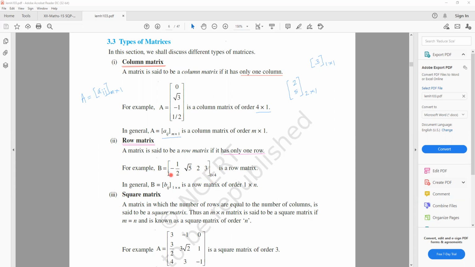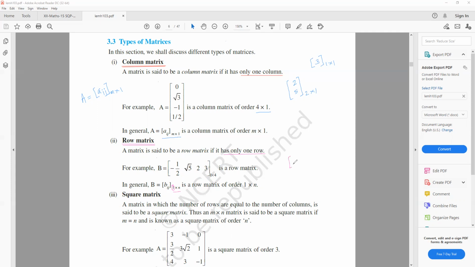It has one row, and you can see 4 columns, so 1 by 4. A matrix having only one row is called a row matrix. In general B equal to bij, the order will be 1 by n. That means only one row, and there can be any number of columns.